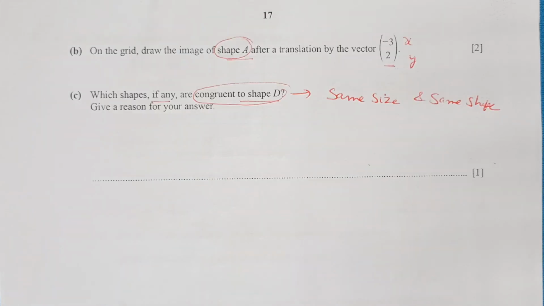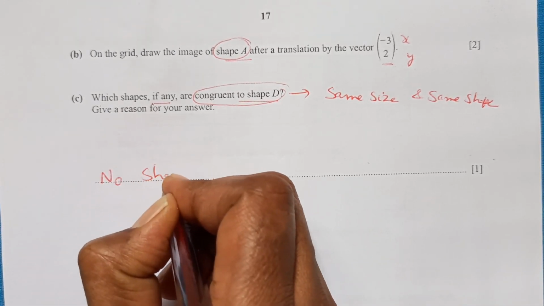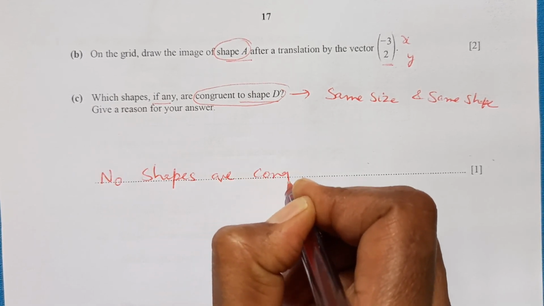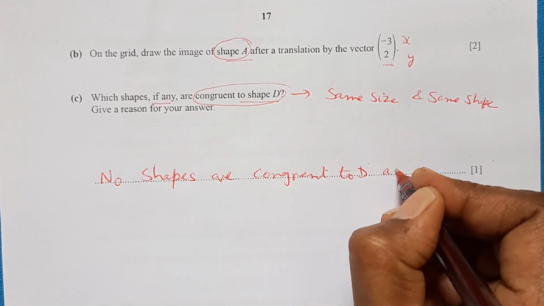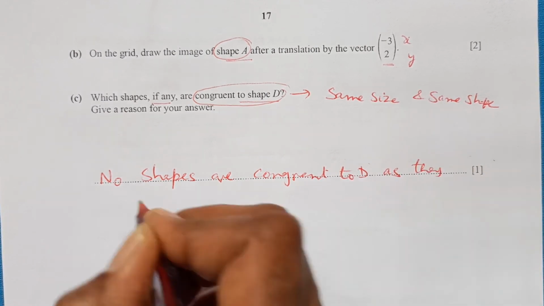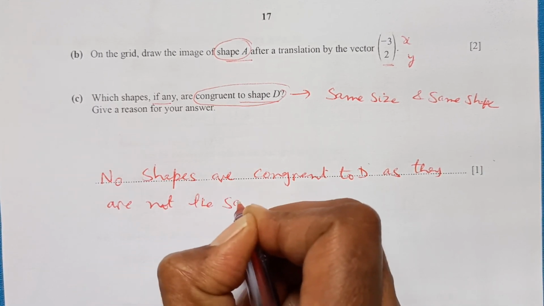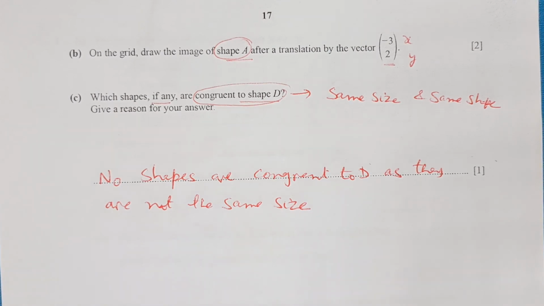So we can write down here, no shapes are congruent to D as they are not the same size. We can see the shape is the same, but the size is different.